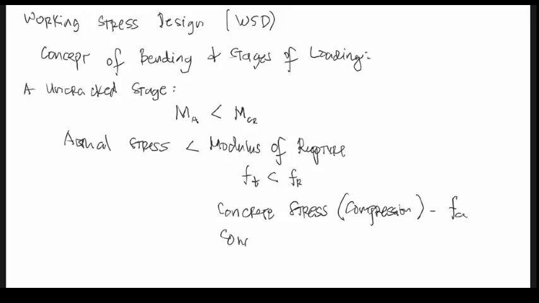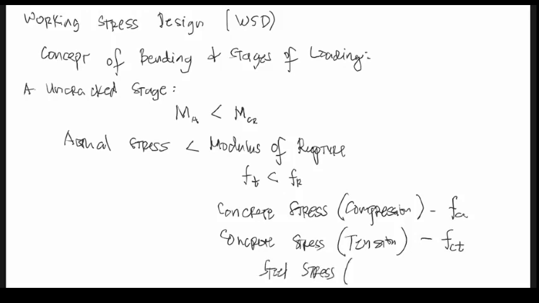We also have the concrete stress for tension, the one resisting tension, symbolized as F sub CT, and the steel stress, which takes the tension, symbolized as F sub S. So those are the symbols we will use.